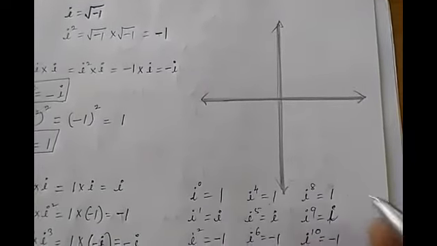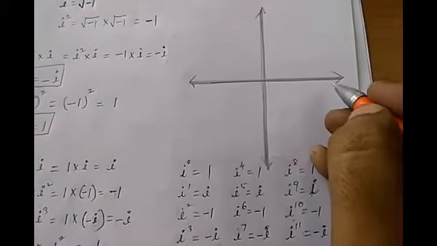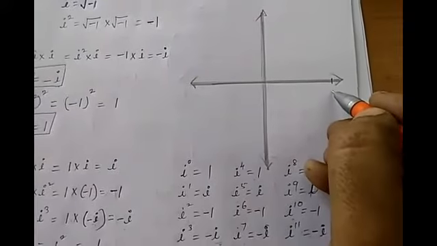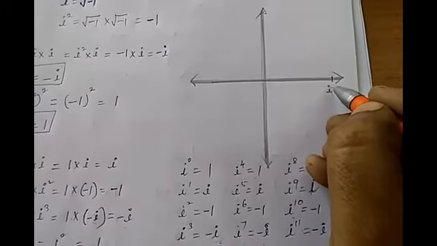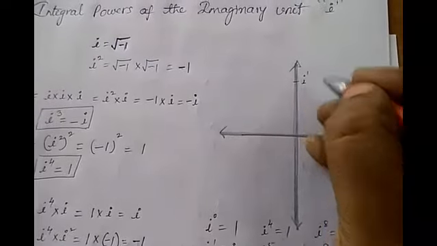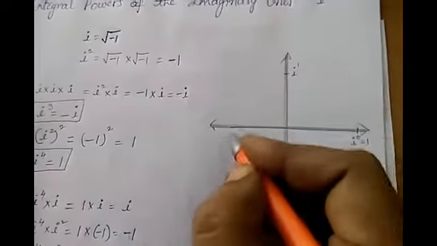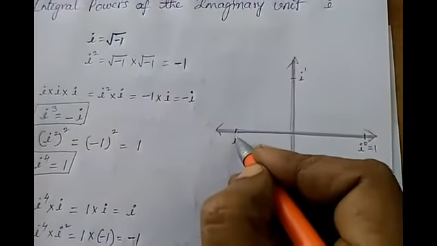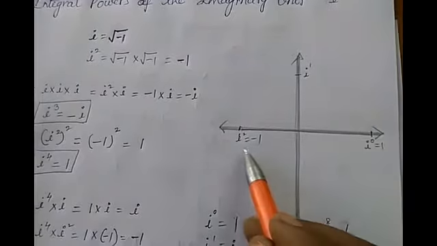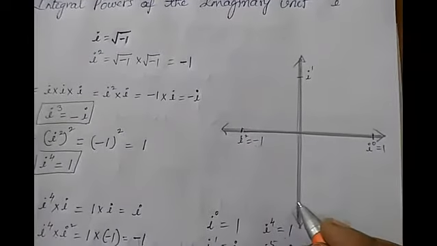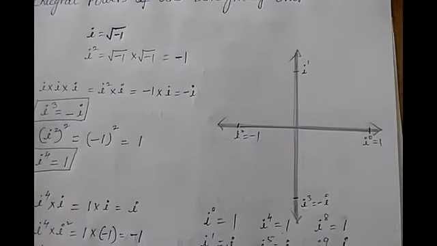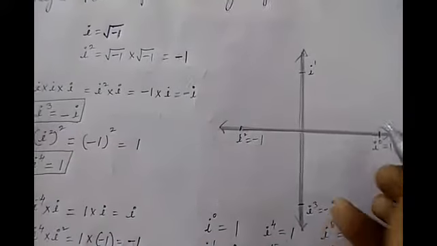In a better way, we can understand by using a pictorial notation. Here 1 means i power 0. i power 0 equals 1. Now this is i power 1. Now i squared equals -1. Minus 1 is a real number, so i squared is on the real axis. i cubed equals minus i.